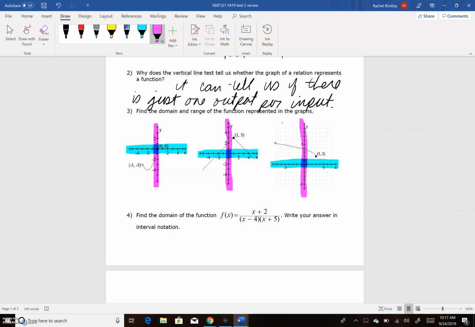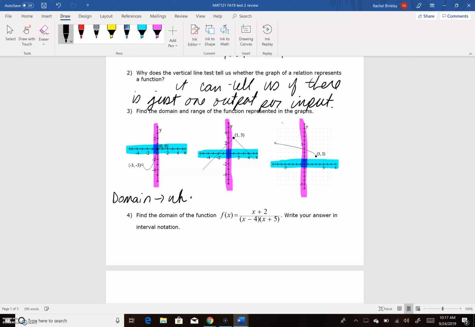And a lot of you are still getting confused about this. So I want you to really think about what this seems like. When you were thinking about domain, I want you to ask yourself, what is the smallest x value? So for domain, you always have to start with the smallest number.